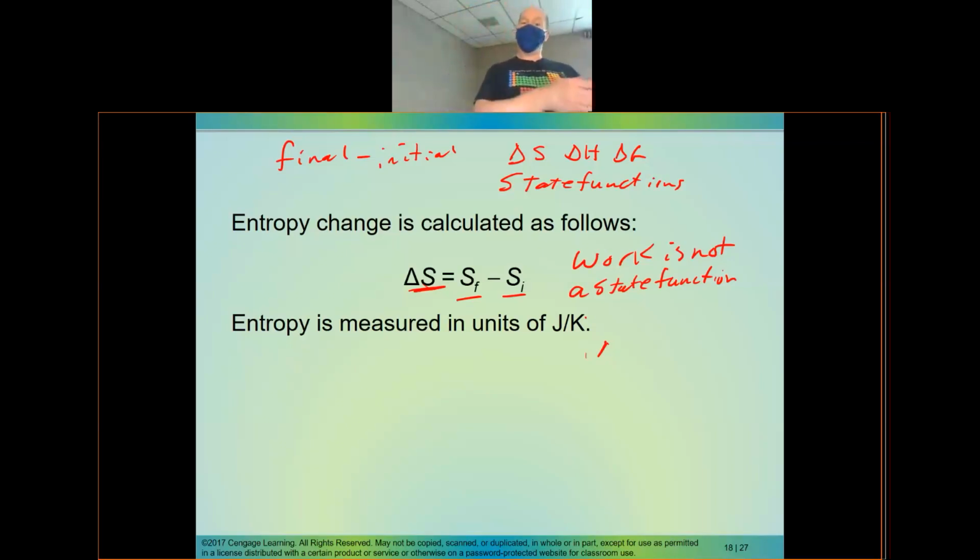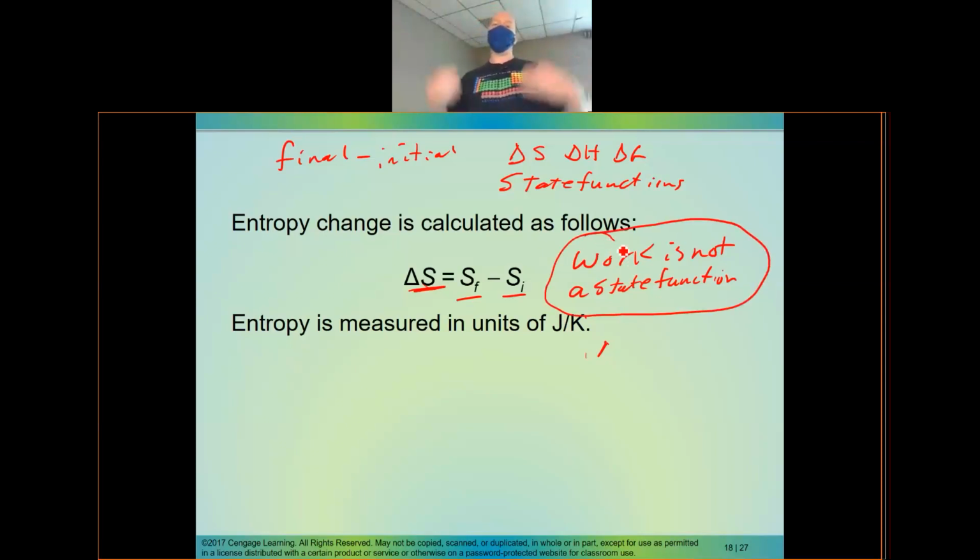But you're still saying I started at main campus and I went to North Campus. Again, it depends on the path how much work you're going to do to get from one place to another. So it's not just final minus initial for work. It is path dependent. If you are a state function, it doesn't matter which path you took. It is simply where you started and where you ended.